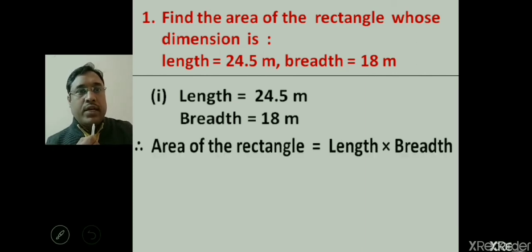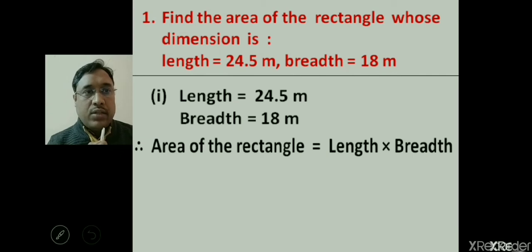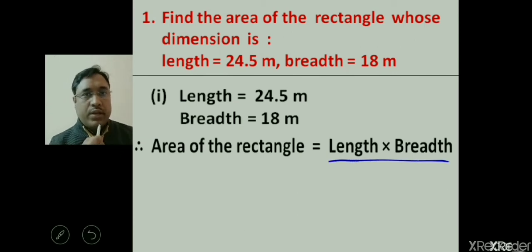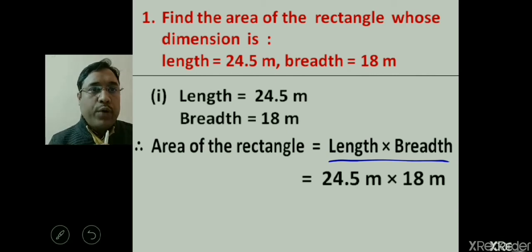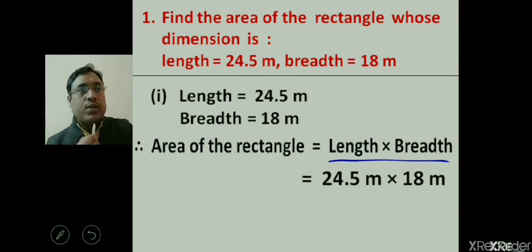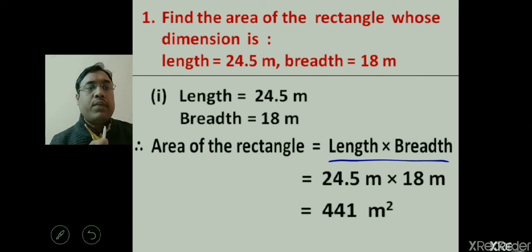The formula is area of rectangle equals length into breadth, and that is 24.5 meter into 18 meter. The result is 441 meter square. So this is the area of the rectangle. This is a very simple question.